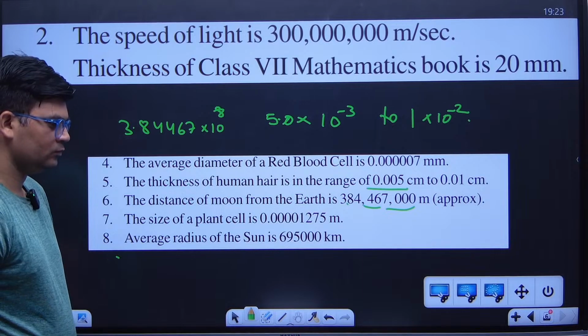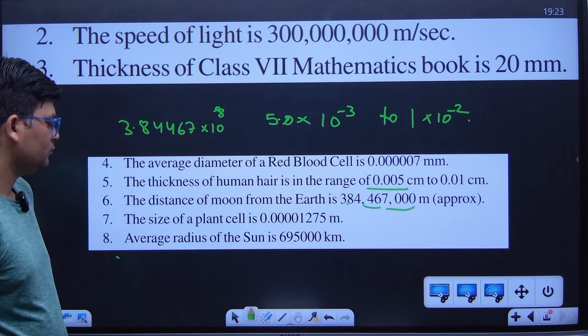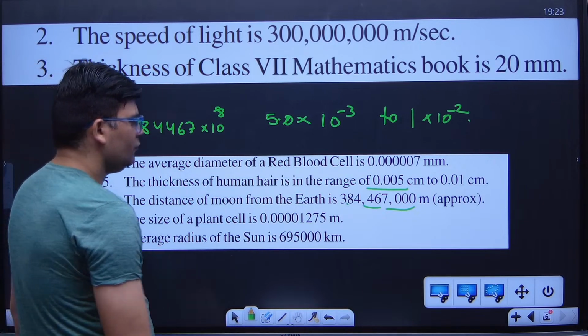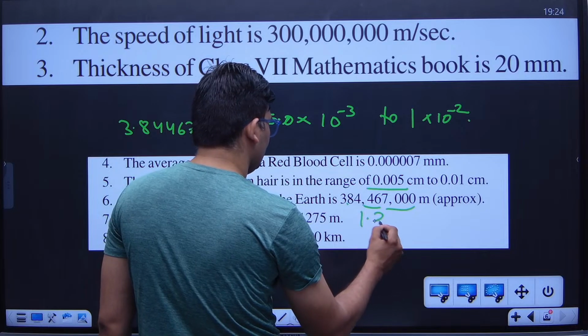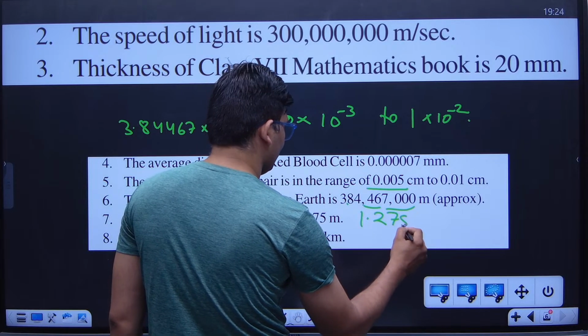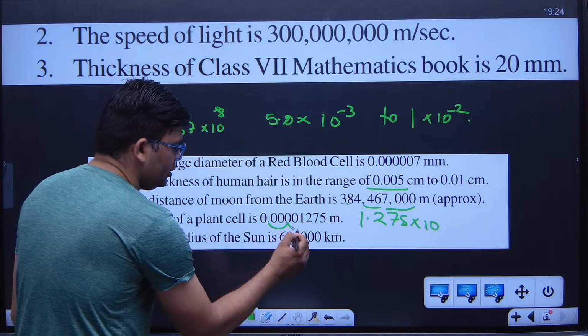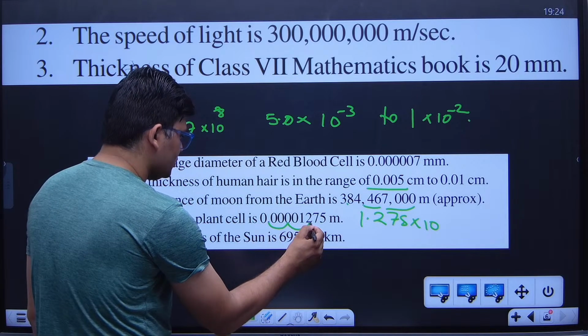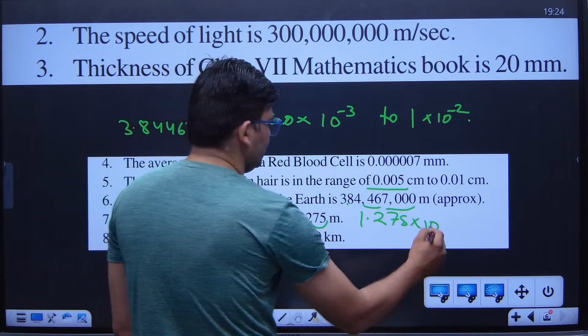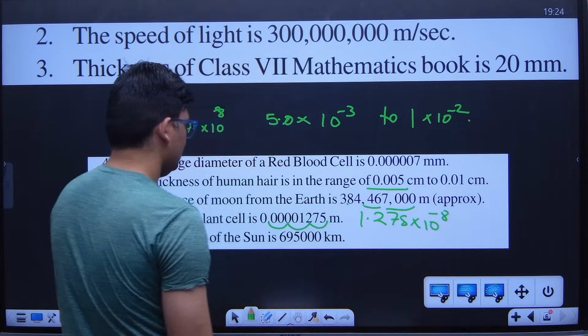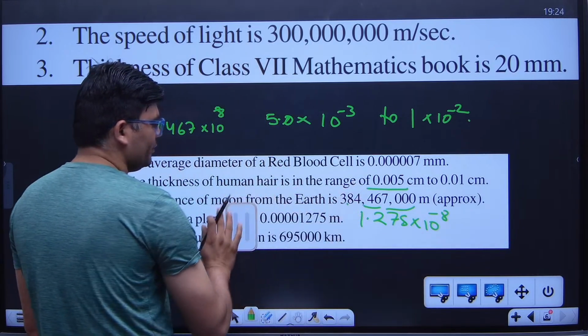Will it be minus 9 to the power minus 9? No, first of all, you have to say 1.275 into 10 to the power minus 8. No, wait.